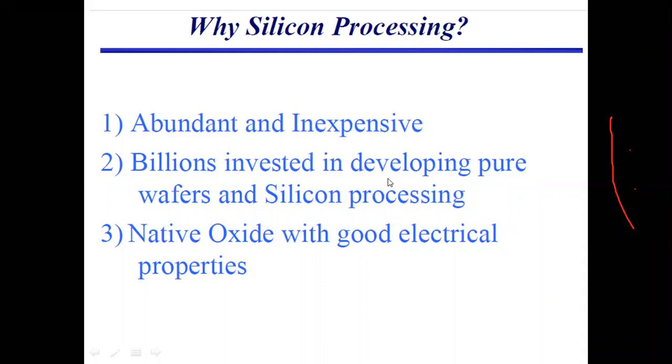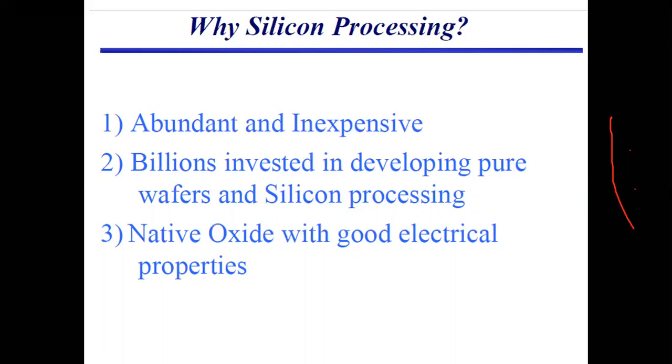Billions have been invested in developing pure wafer and silicon processes. As we discussed in the last lecture, microelectronics was developed in the 1960s, and afterwards MEMS originated from microelectronics. The microelectronics technology was, and still is, based on silicon processing technology.